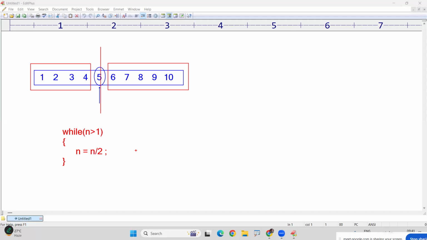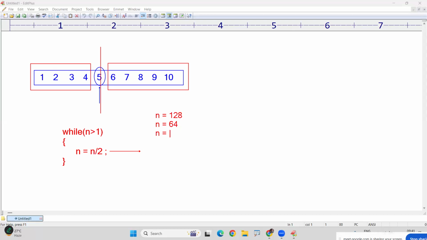In general, if you want to explain the time complexity, I'll first explain the easy way. Imagine the size n is 128. N by 2 means what? If you make it half, it becomes 64.